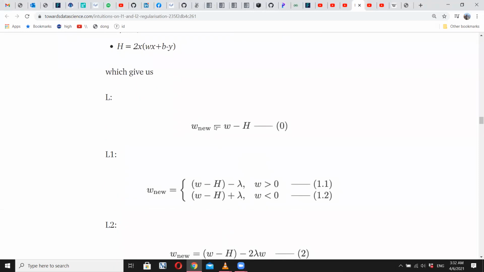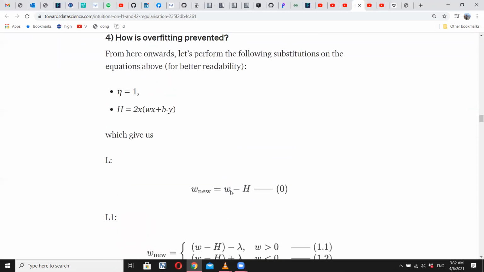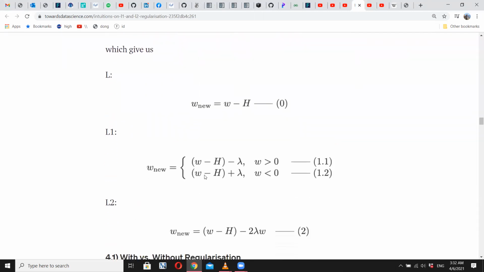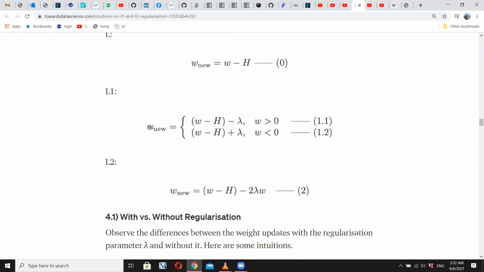So this term basically says: take the initial value of the slope. If you are using simple linear regression, then subtract this and you'll get your new value of slope. Now for lasso regression, not only subtract this, but if your weight is greater than 0, you should also subtract lambda.